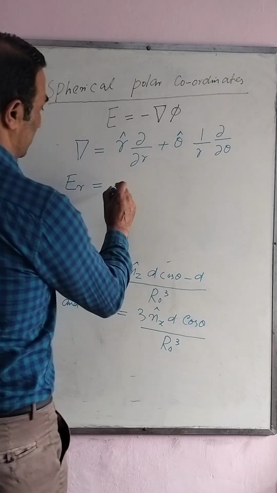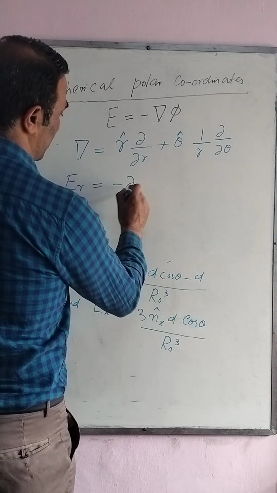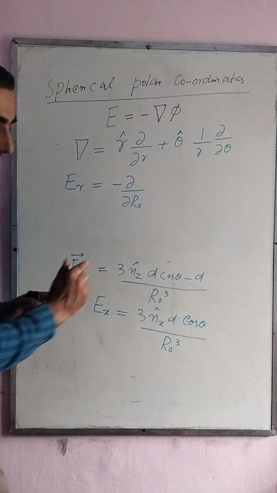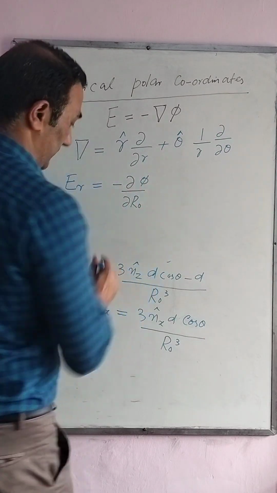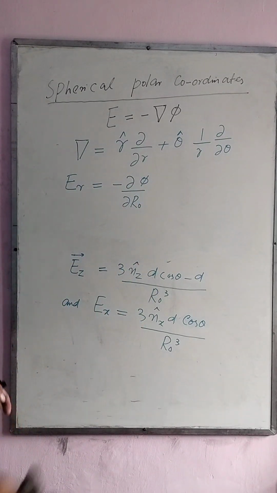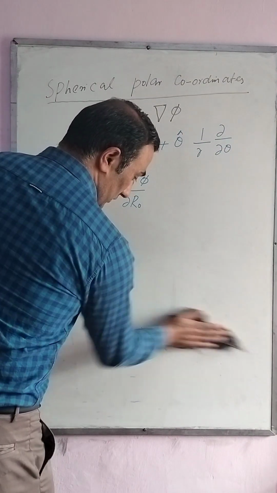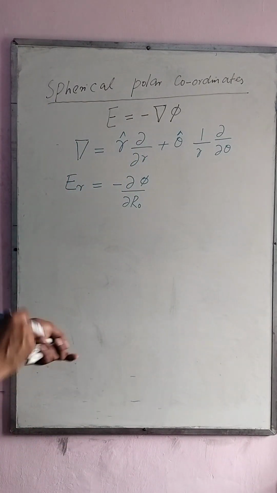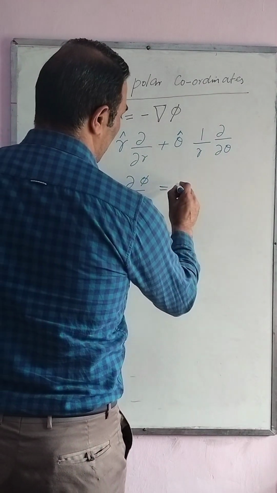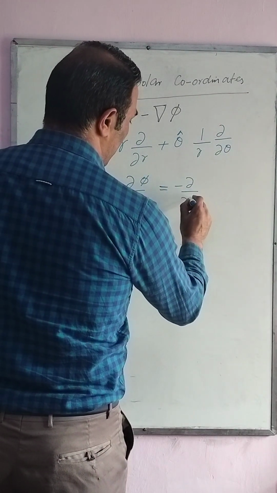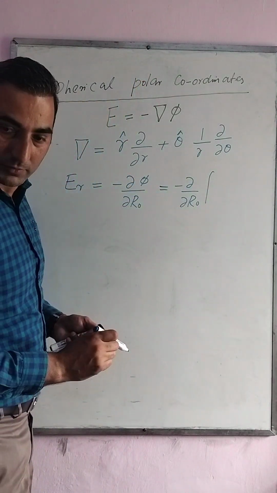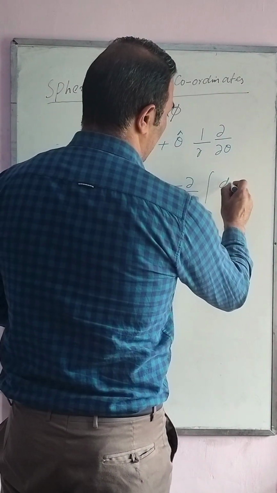That will be equal to minus partial by partial r naught of phi. Phi we have already calculated, so you just check your notes. Check on software what is the value of this phi.